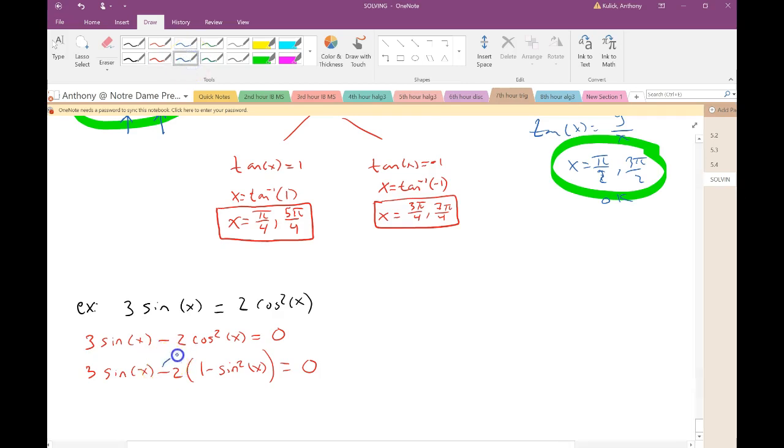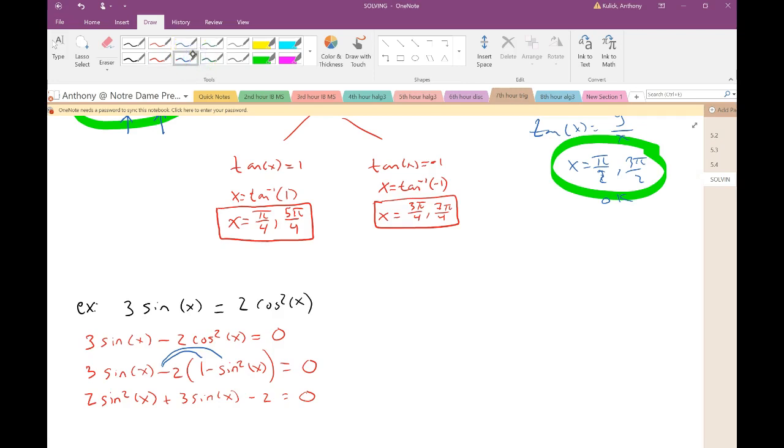And then let's go ahead and distribute that -2. So you notice that I've just written things in that different order there. So I wrote it kind of in a standard form.